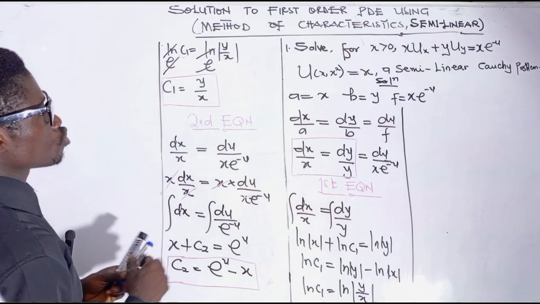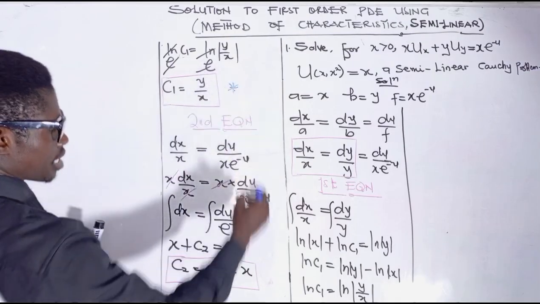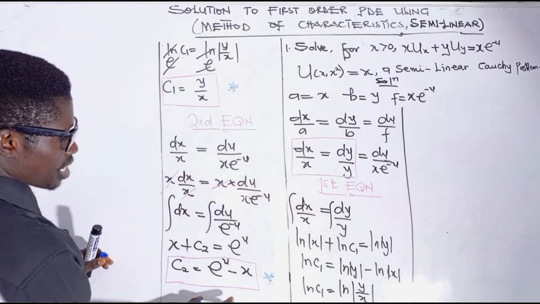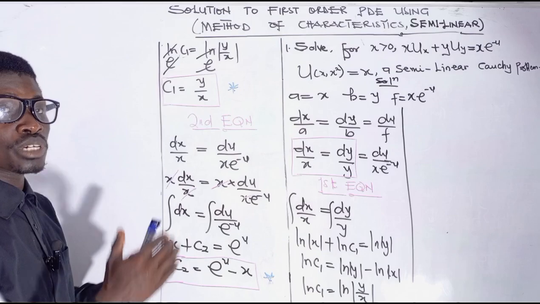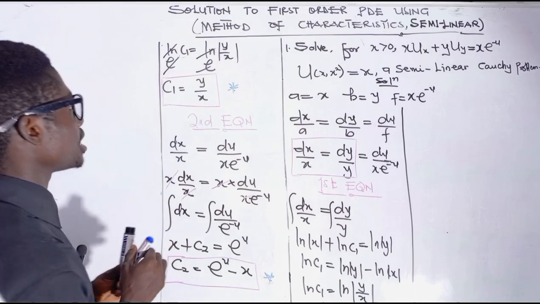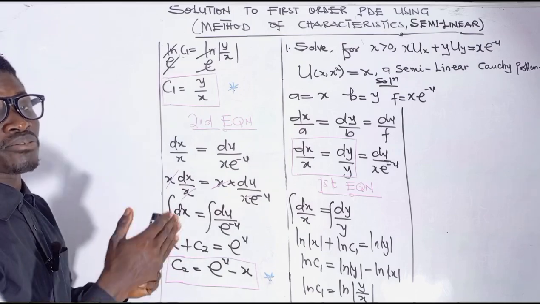You can see that we have two solutions, which are C1 and C2. Whenever we have two solutions, we merge them, we put them together to form one solution. This is how we do it: one becomes a function of the other.